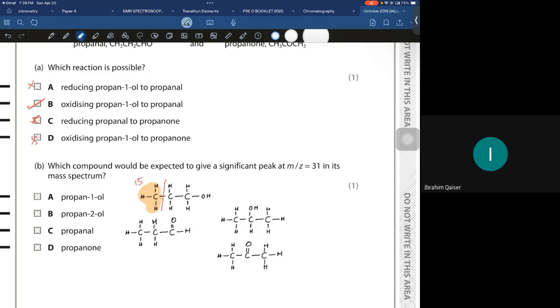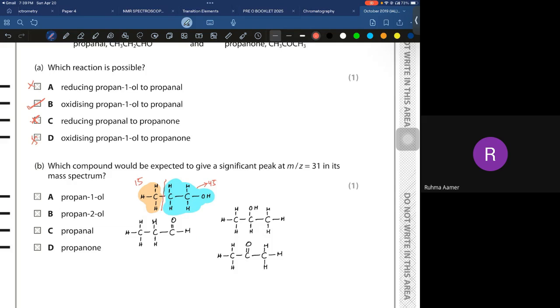And if you look at this portion, what's the Mr of this portion? 45. CH2 and then CH2OH, 45.